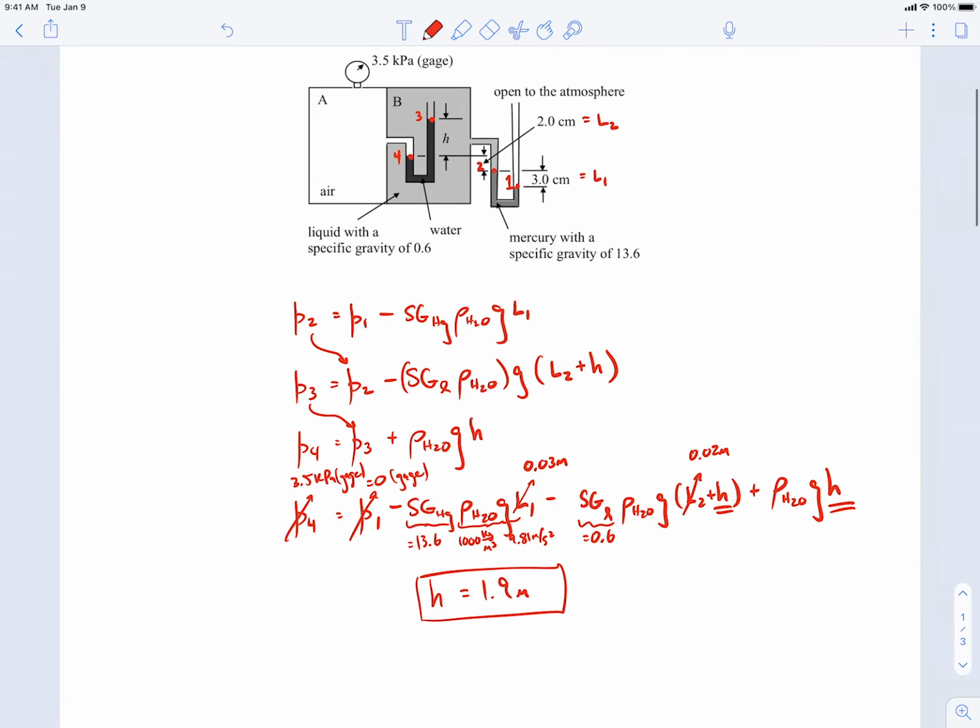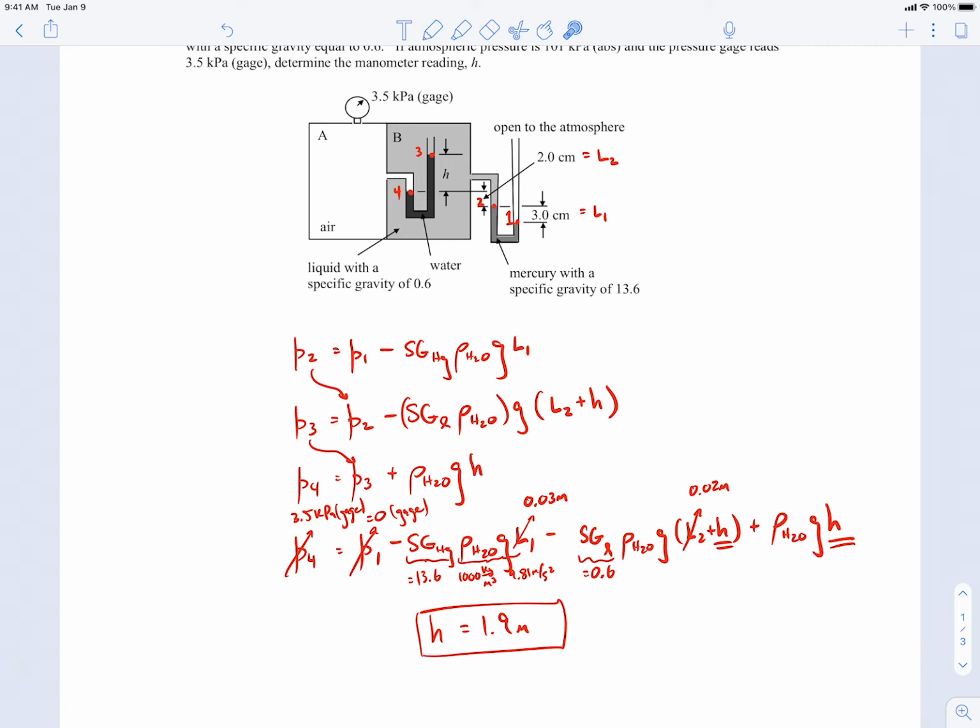So this problem is a good example of using a couple of manometers. Basically, what we did is we worked our way around from right to left. We started at point 1 and moved in one fluid, here it's the mercury, and defined the pressure at 2. That was this equation.